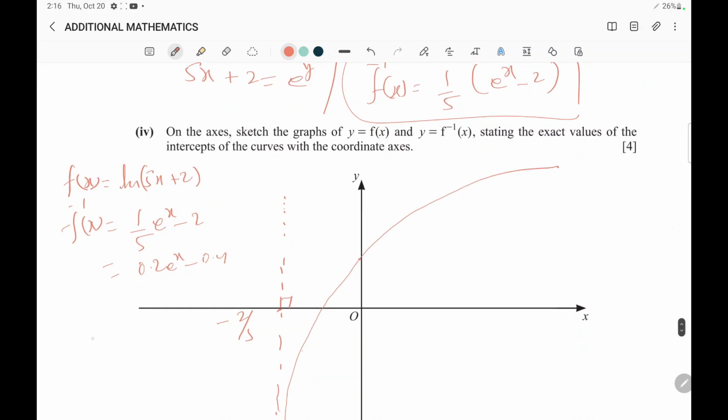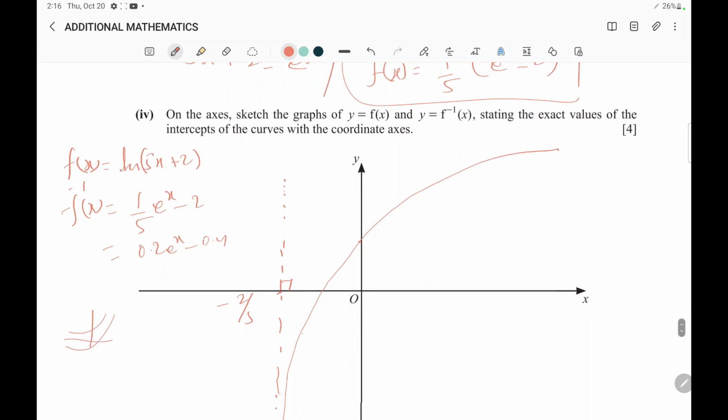By the way, e to the power x has this graph, and it is shifting down by 0.4, so it will be something like that. So let's try to get some idea. e to the power 0 is 1, so 0.2 minus 0.4, it's minus, so it will come here. And of course it will go something like this.